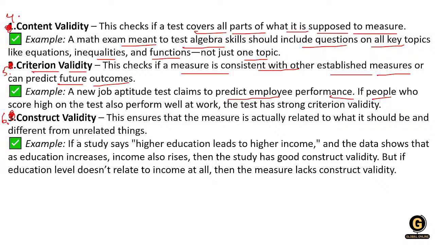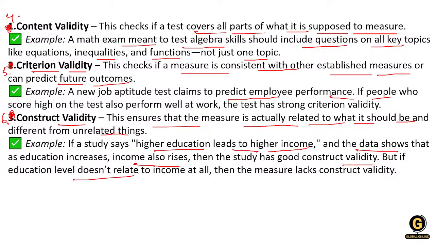Clear? The next one is construct validity. This ensures that the measure is actually related to what it should be and different from unrelated things. For example, if a study says higher education leads to higher income, and the data shows that as education increases, income also rises, then the study has good construct validity.